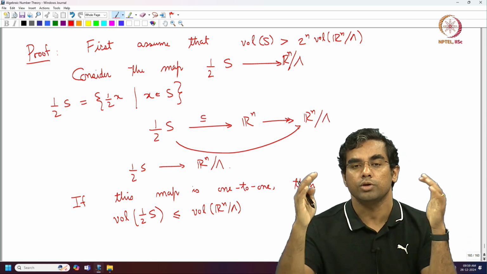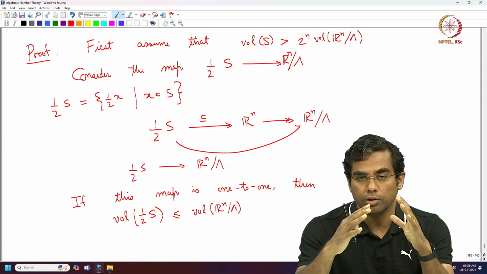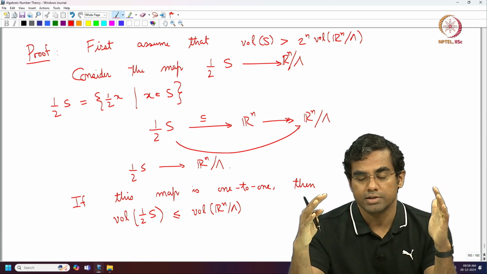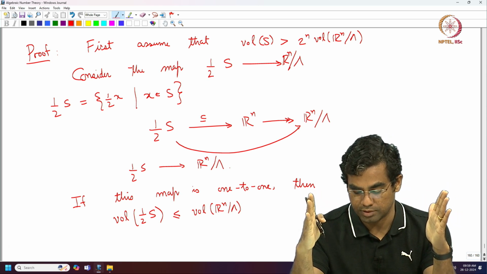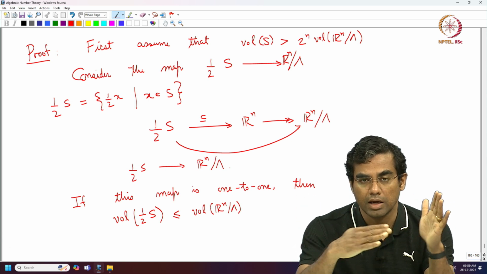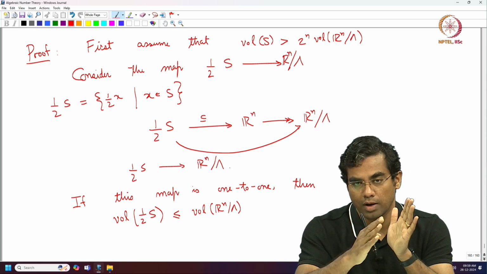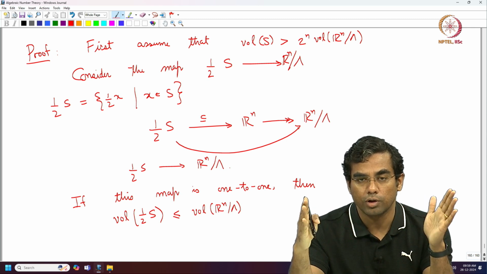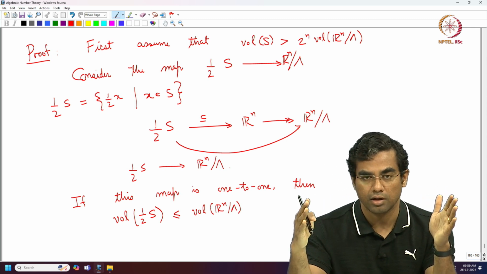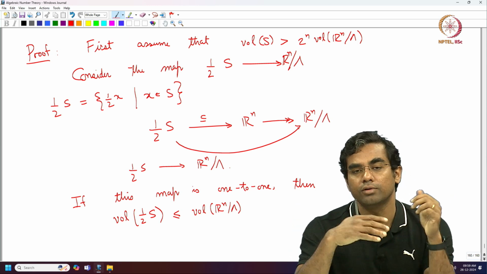And what happens when you halve the set from every direction? For example, think of a square in 2 dimensions. If you halve each side of the square, you get a square of half the side, and its volume, which in the 2 dimensional case is area, decreases by 4.